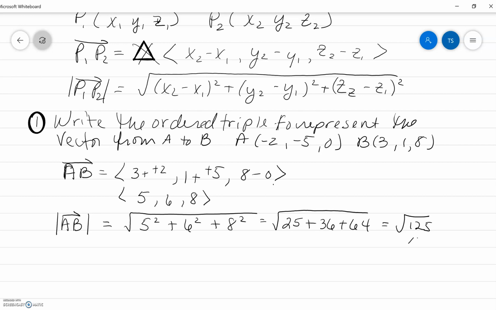Simplify that radical. It's going to be 5 times 25, so the magnitude of vector AB, for every pair you bring one out, is 5 radical 5, because this 5 is still in there.